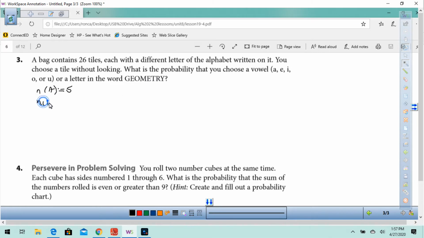N of B is 8. Now let's look. E, and then, so we'll just count that once, so that's going to take 2 out of it. No I's. O's. Well, there's an O here, so let's take that one out. So we're taking 3 out.